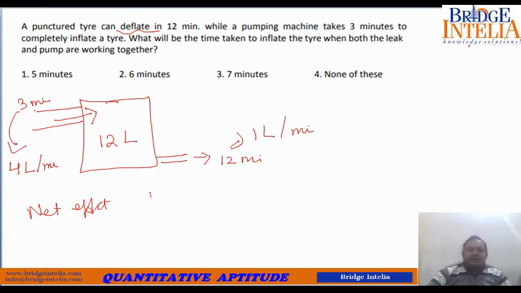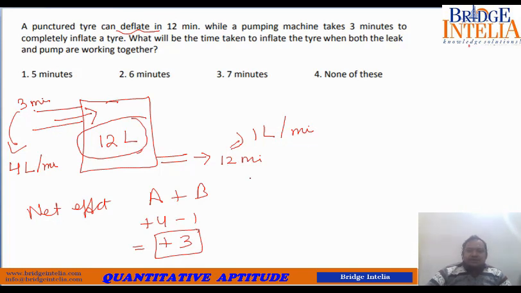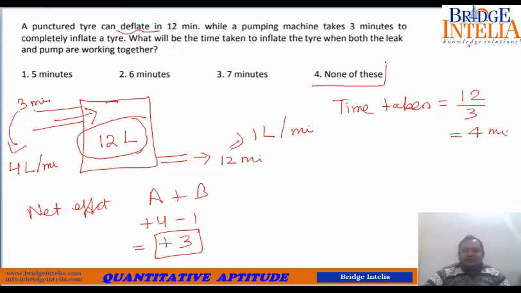If you open both the pipes, plus 4 minus 1, so the net effect is plus 3. The target to be achieved is 12 liters. So time taken is equal to 12 by 3, equal to 4 minutes. So none of these.